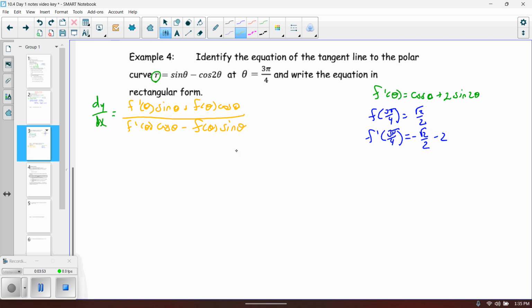All right, and the nice thing is, like I said, we found the values at 3 pi over 4. So now we can do dy over dx when theta equals 3 pi over 4.